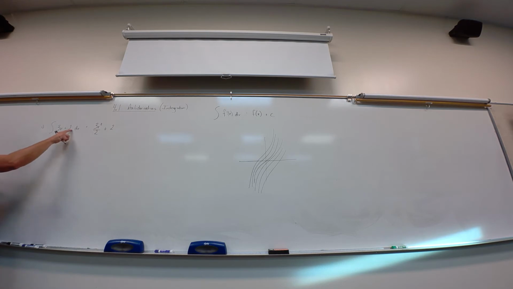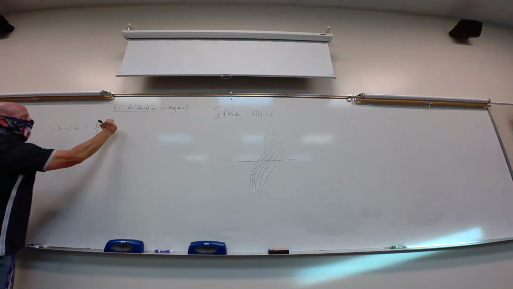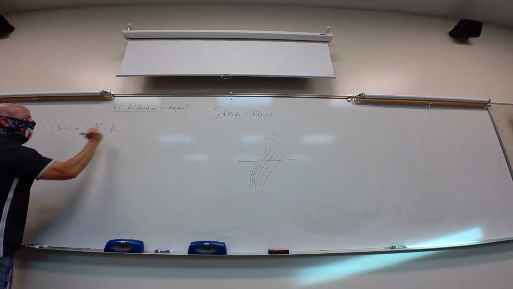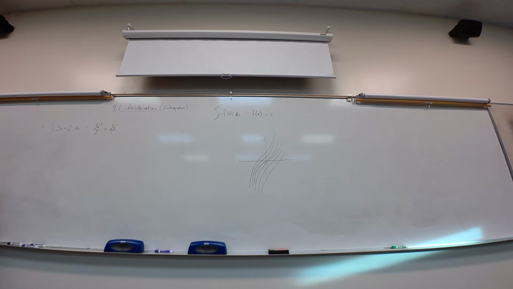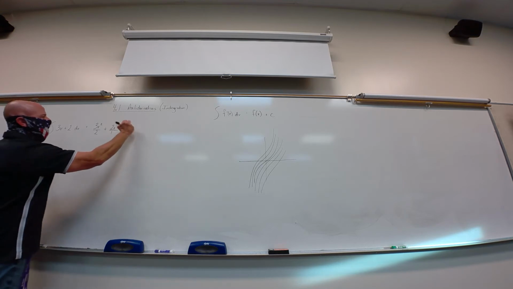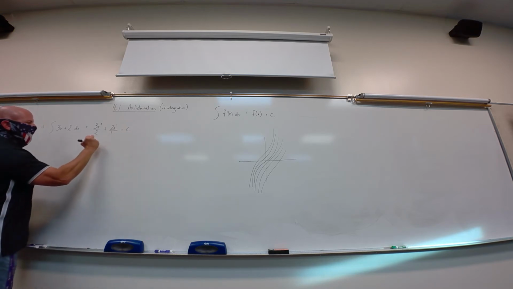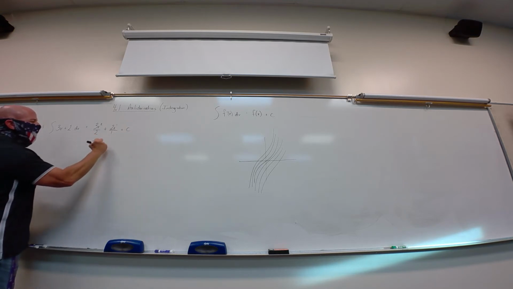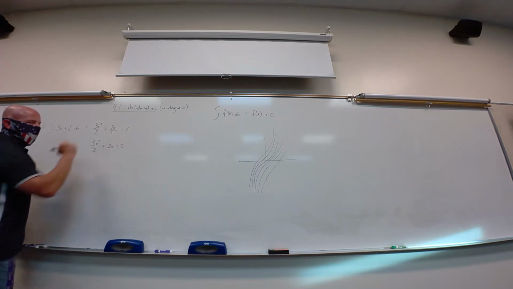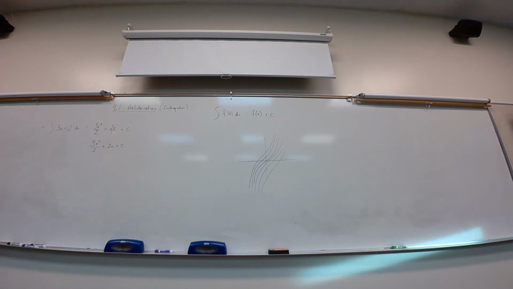All right, what's the power on the x right here? 0. 0, because it's not there. So then if I go up 1, x to the first, divided by my 1. Now, we don't really need the 1's there, but it helps show you we're still using that power piece, and then plus c. So yes, I would write this as 3x squared over 2 plus 2x plus c. Everyone okay with that?